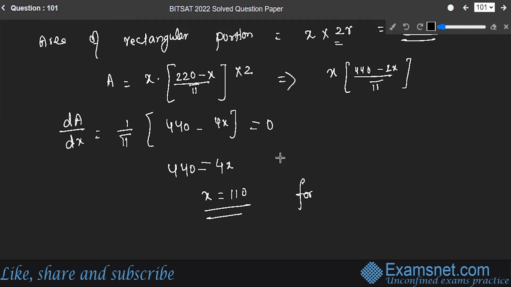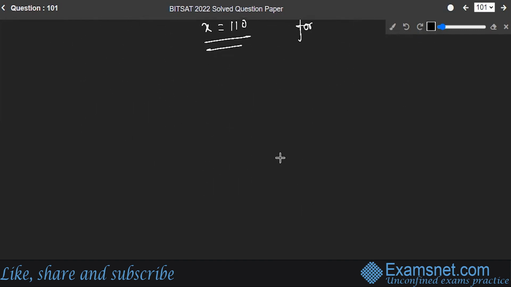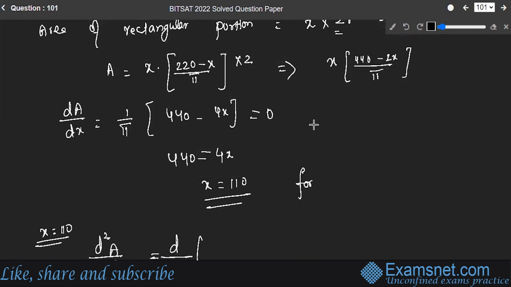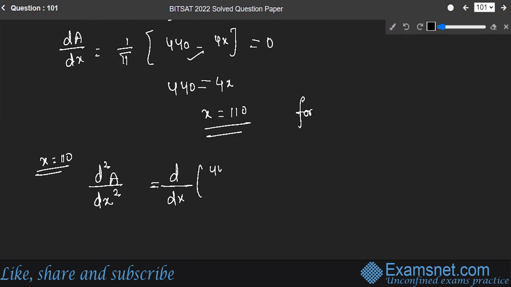So for x is equal to 110, let's find out the second derivative of A with respect to x. This is equal to the derivative of 1 upon pi into (440 minus 4x), so you will have minus 4 upon pi, which is less than 0.